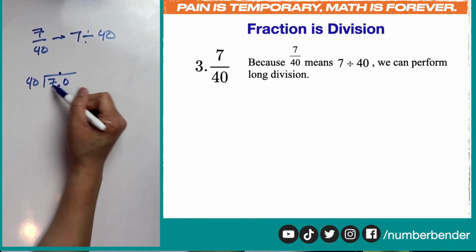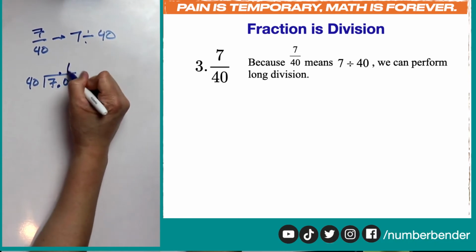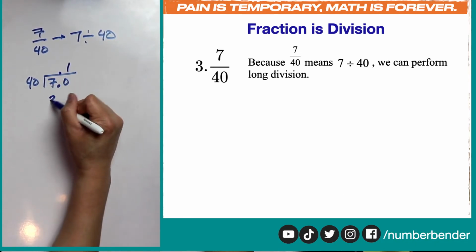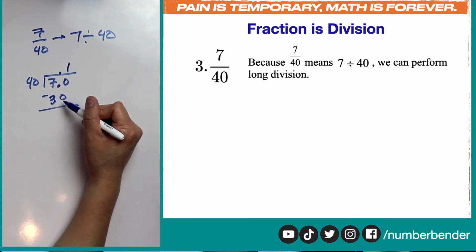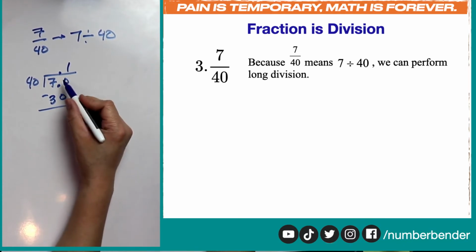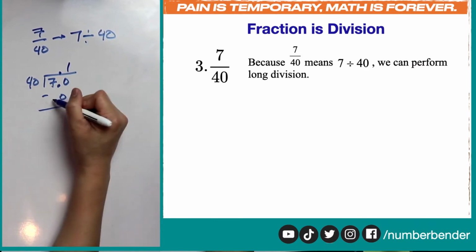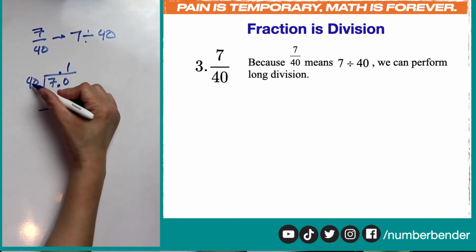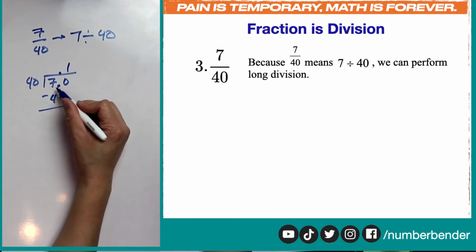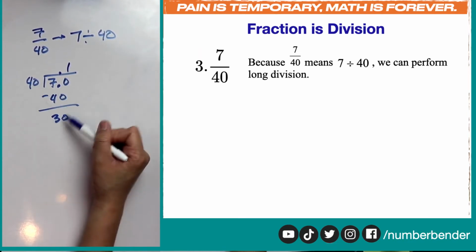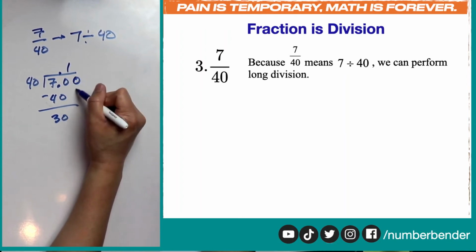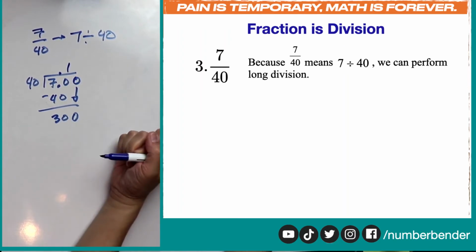So how many 40s do we have in 70? 1. 1 times 40 is 40. 70 minus 40 is going to be 30, and we cannot divide 40 into 30, so we need to add 0 and change it to 300.